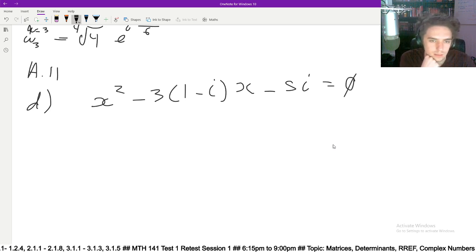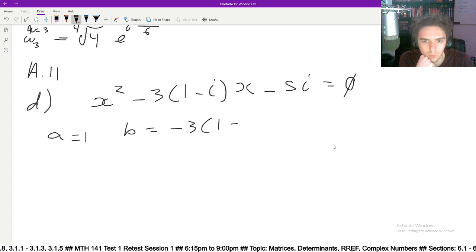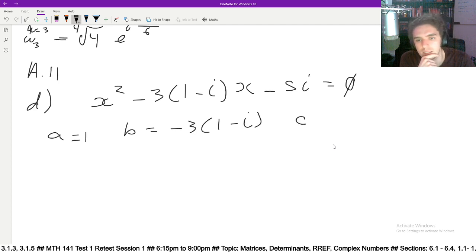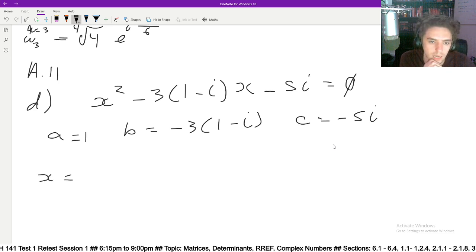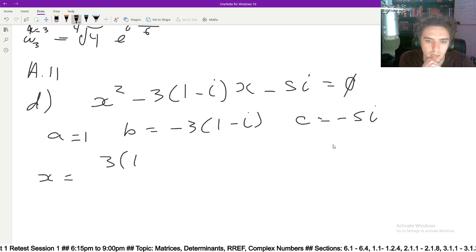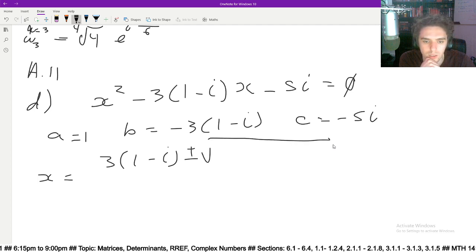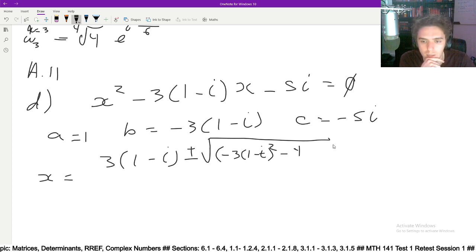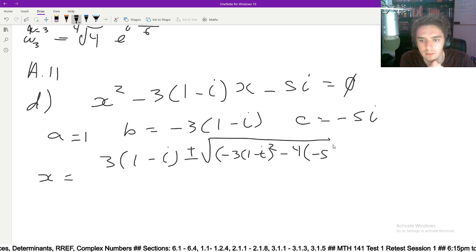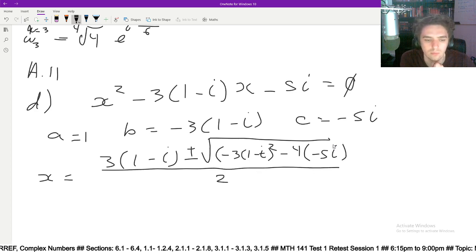Solve for x. Okay, so a equals 1, b equals negative 3(1 minus i), c equals negative 5i. So we just stick this into the quadratic formula. x is equal to 3(1 minus i) plus or minus the square root of (negative 3(1 minus i)) squared minus 4 times negative 5i, all over 2.